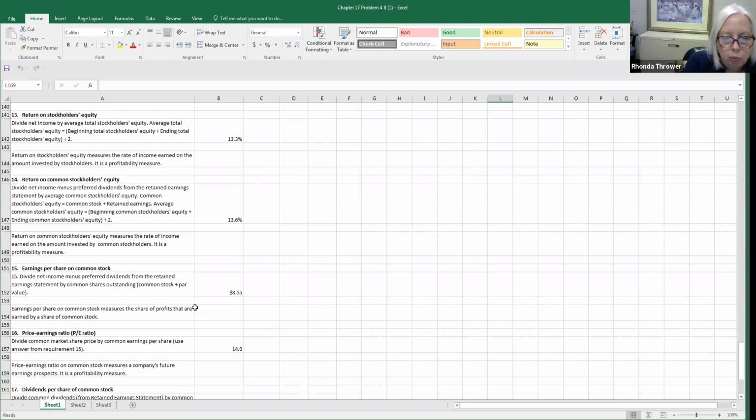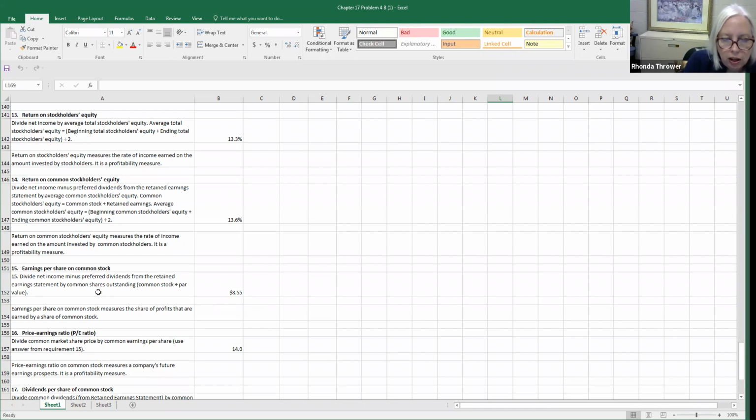In other words, on the balance sheet, when you look at common stock, the total par value of common stock is 500,000. We will divide that by the par value per share, which is $5 that is given on the balance sheet. And that will give you the number of common shares outstanding.